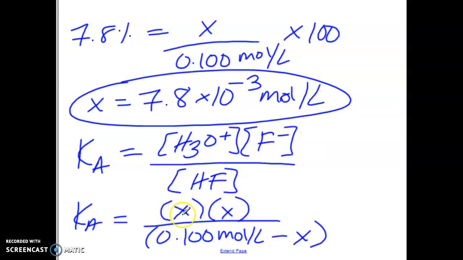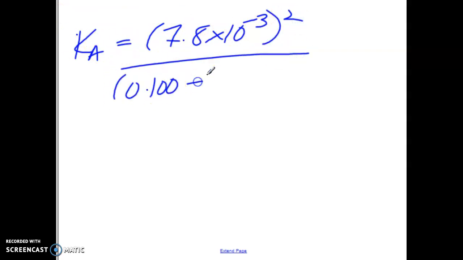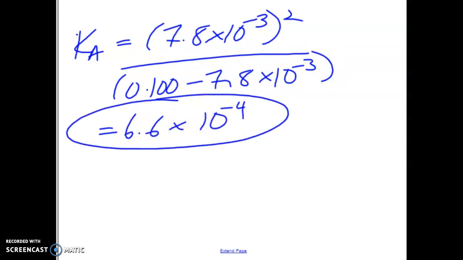So this is 7.8 times 10 to the negative 3 squared over 0.1 minus 7.8 times 10 to the negative 3. We end up getting a Ka value of 6.6 times 10 to the negative 4.